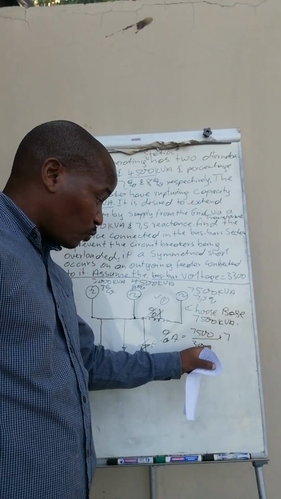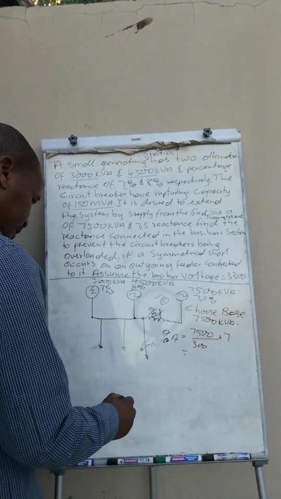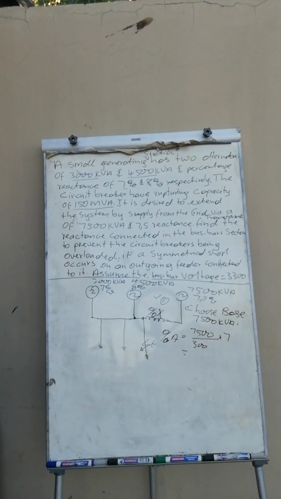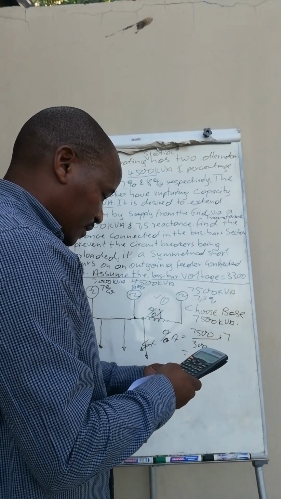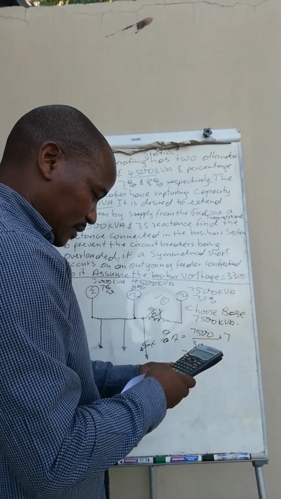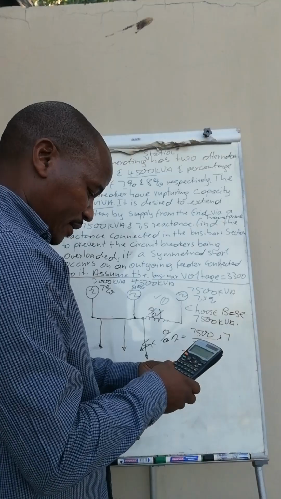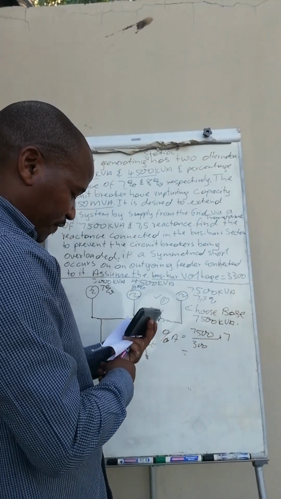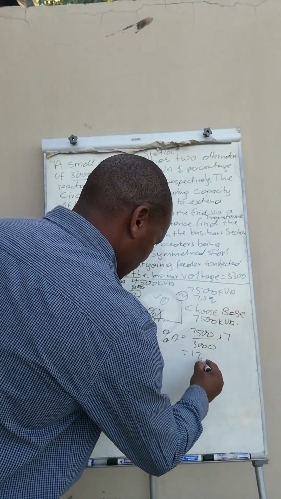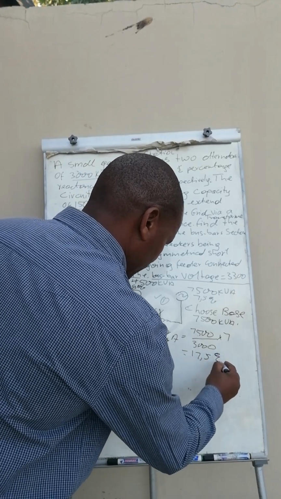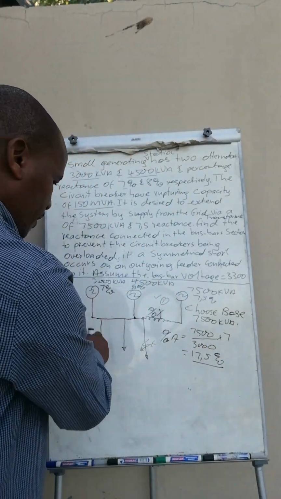That's basically what we are doing here with regard to these calculations. And it is equal to 7,500 divided by 3,000 multiplied by 7, which is 17.5. This is 17.5%. It is for this one.